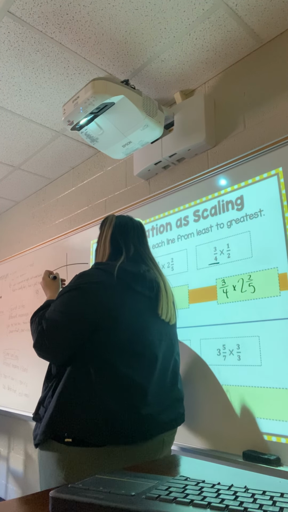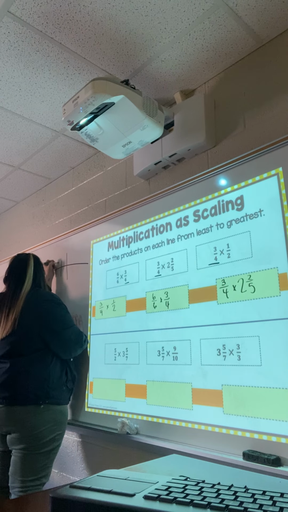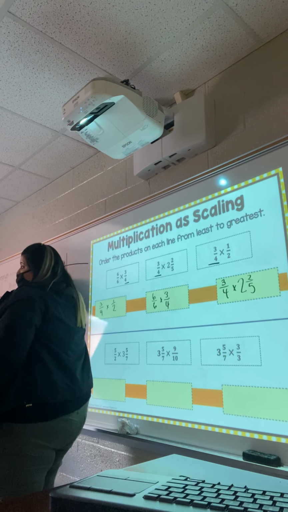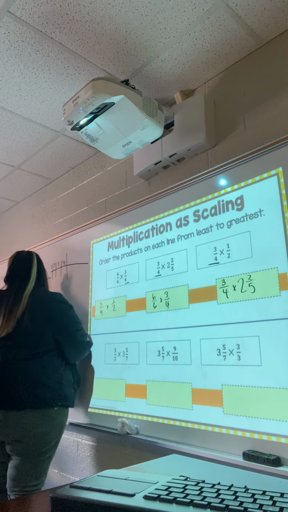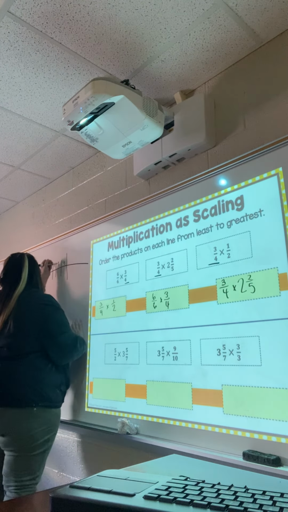So if I have a whole, I take half of it and divide it into fourths, 1, 2, 3, 4. I only took half of it and divided it into fourths. I'm saying I only want 3 of those. So you see how it gets smaller?